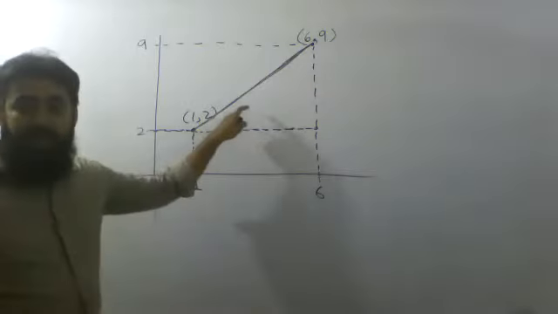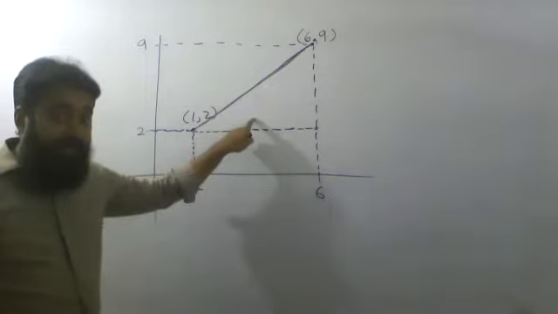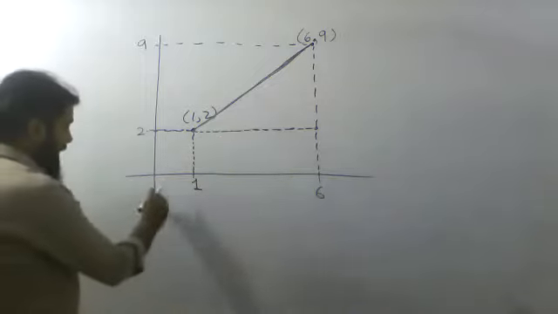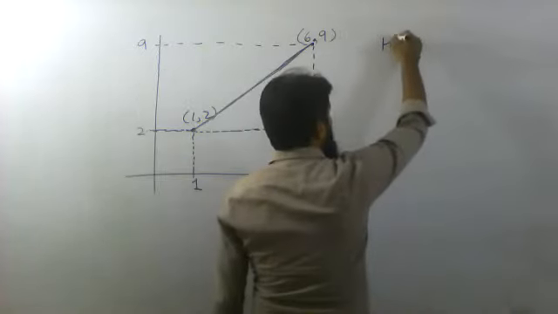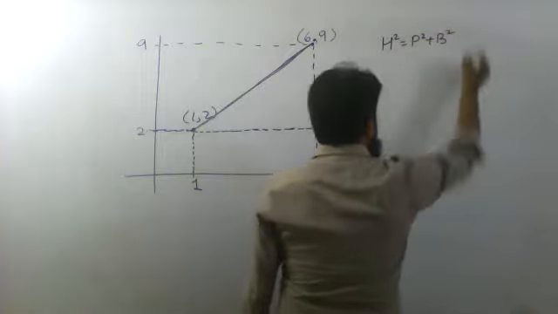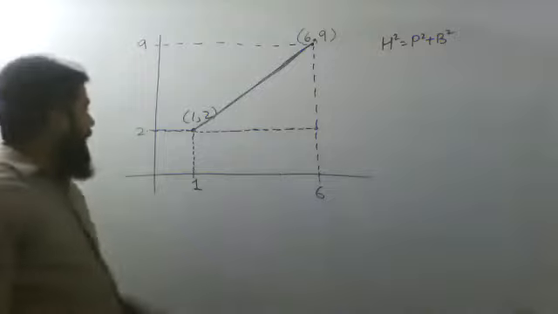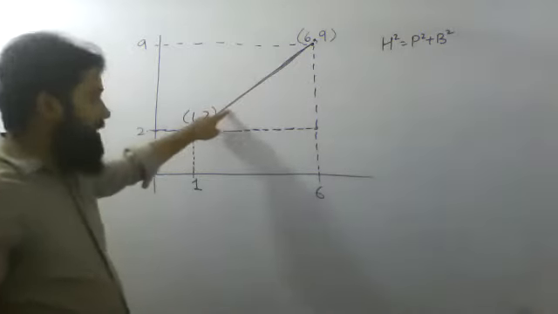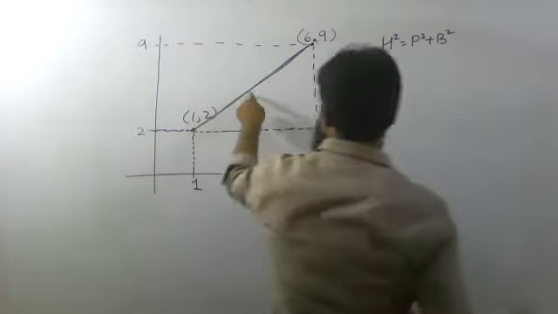Now you can see I have got a right angle triangle in front of me. And in a right angle triangle, we know that we have the Pythagoras theorem, which is hypotenuse square equals perpendicular square plus base square. Okay? This is my hypotenuse. What is this line representing right now?